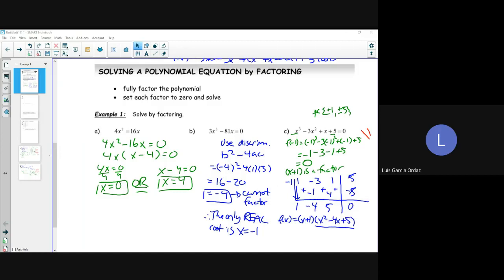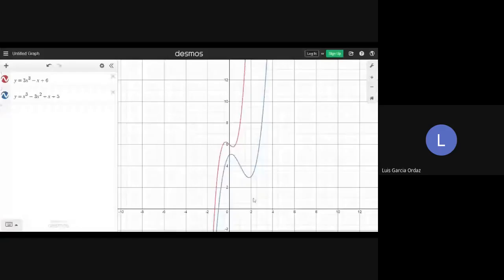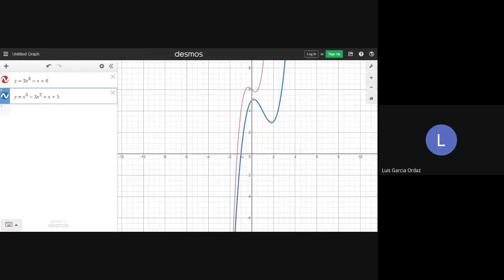So as you can see for that question, it does in fact only pass through one x-intercept. So we're looking at the blue graph. It passes through -1 and 0, okay? And then it still has 2 turning points, and the imaginary roots are nowhere to be found.